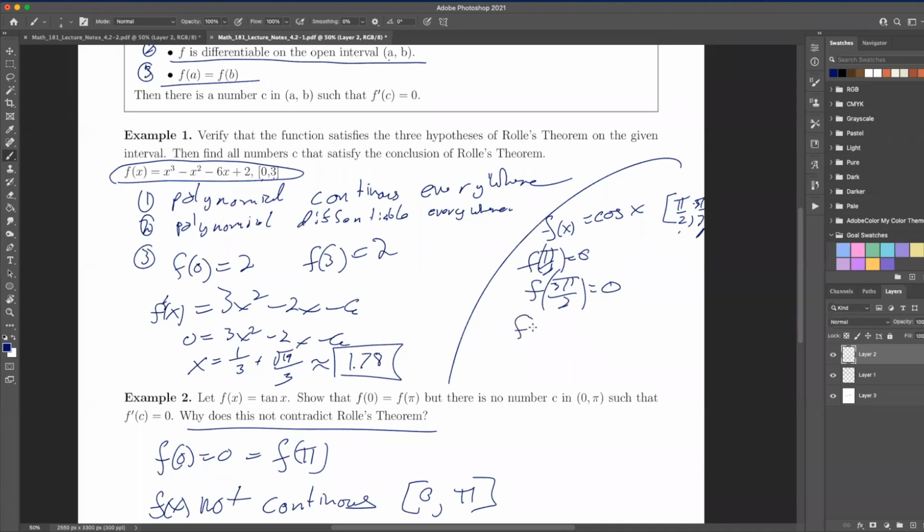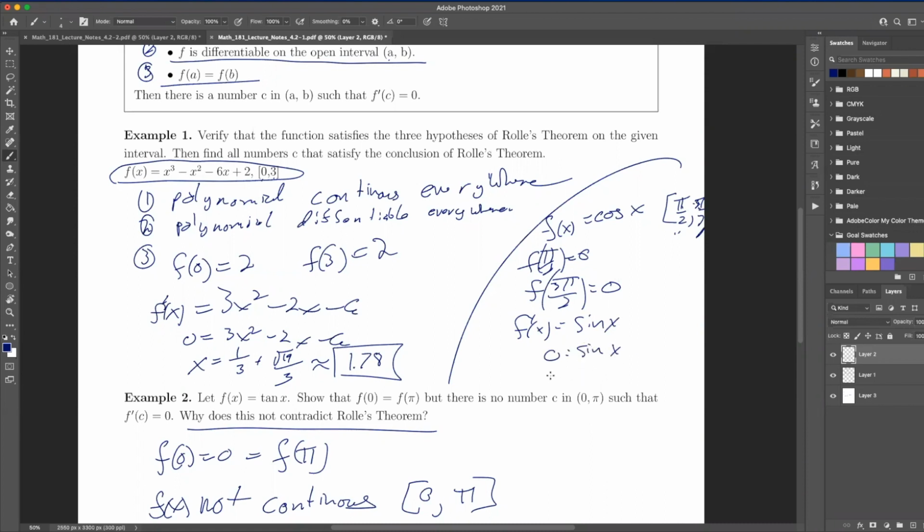And then here we want to find f prime of x, which is equal to negative sine of x. Where is sine of x equal to 0 between pi over 2 and 3 pi over 2? Well, that occurs at pi, right? So 0 equals sine of x.